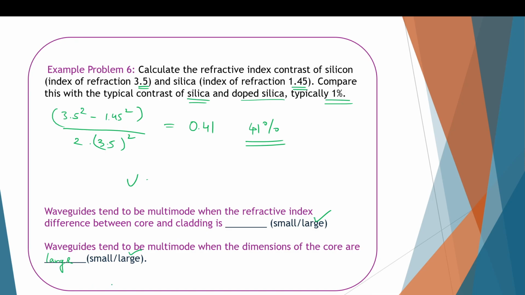So from this we can conclude that if my refractive index difference is higher, then I can go towards smaller and smaller waveguides for getting single mode operation.